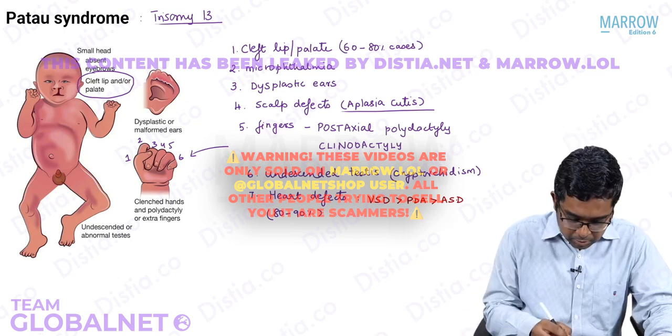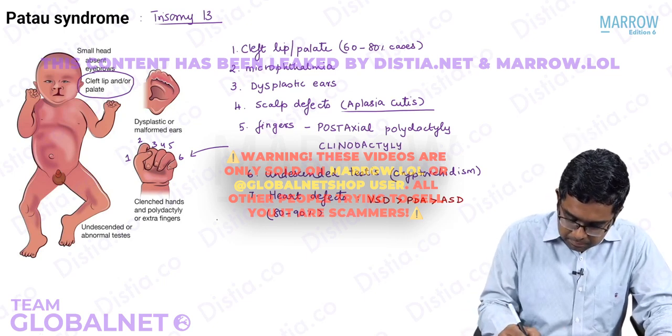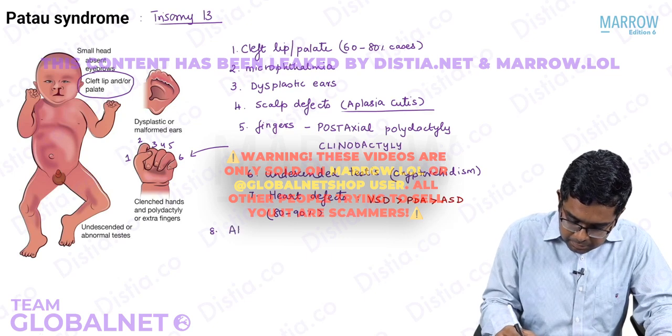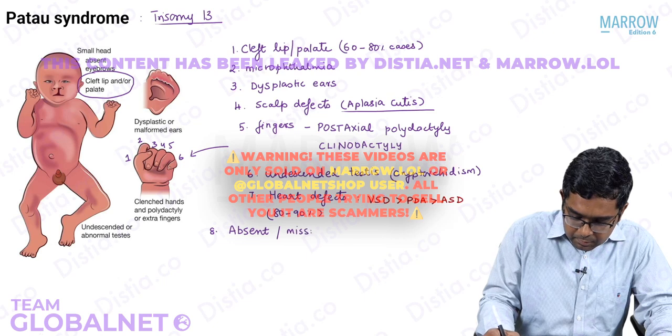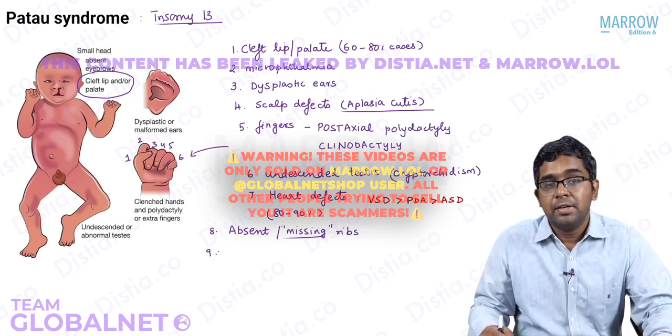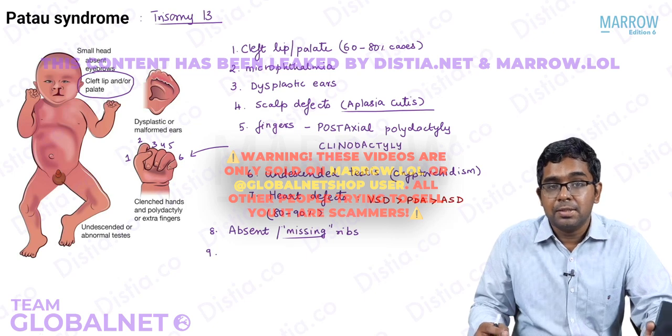Okay. And the other important defects which are associated are absent ribs, or what the radiologist would report as missing ribs. Okay. And last important point is some of these children can have an increased incidence of anomalies in the brain.